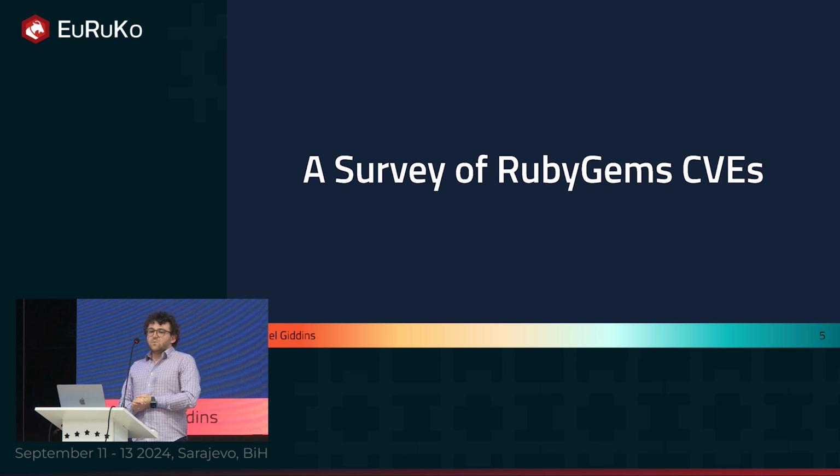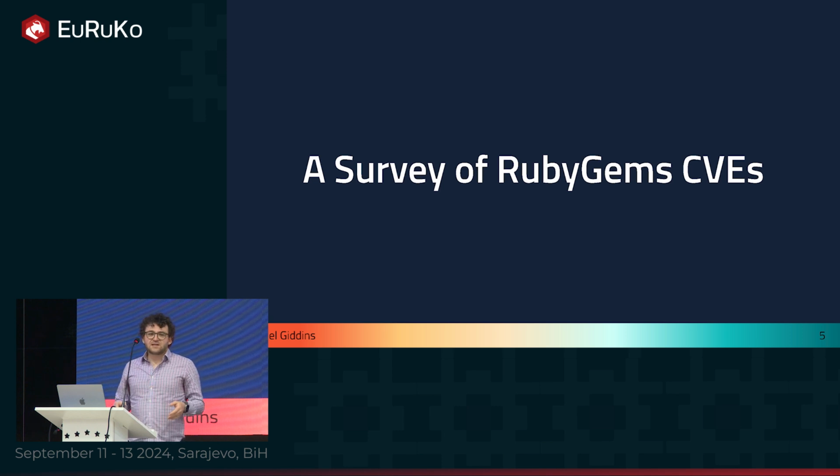So, what is a CVE? Before we get there, okay. Survey of RubyGems CVEs. We've got issues with Marshal, insufficient input validation, symlink traversals... Oh my, there's so many vulnerabilities that have cropped up in this ecosystem over the past almost 20 years.